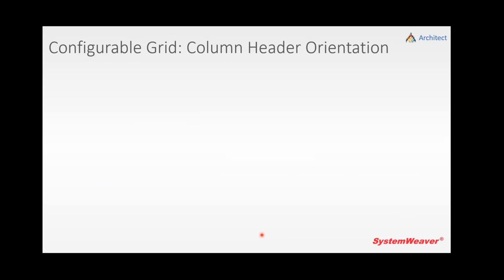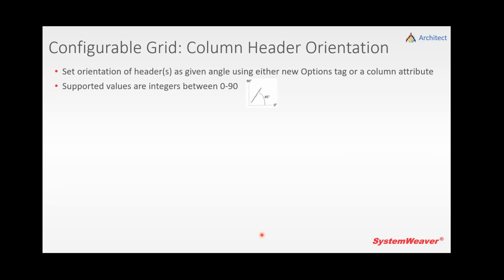So we're leaving configurable graphs, and we're going to configurable grids. We've implemented an option to choose the column header orientation. You set the orientation of your column headers, giving a specific angle, and the values need to be integers between 0 and 90.